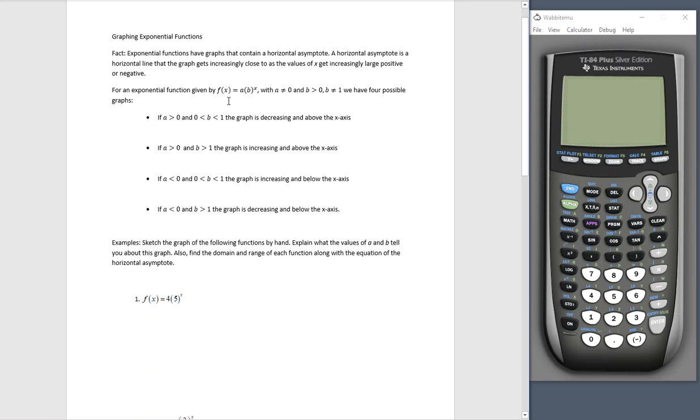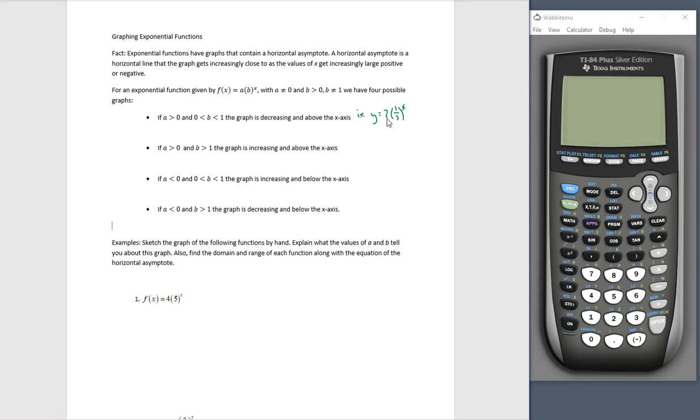Now, for an exponential function given by f of x equals a times b to the x, with a not 0, b greater than 0 but not equal to 1, we have four possible graphs. So if a is greater than 0 and b is between 0 and 1, for example, maybe a is 2 and b is 1/3 to the x.